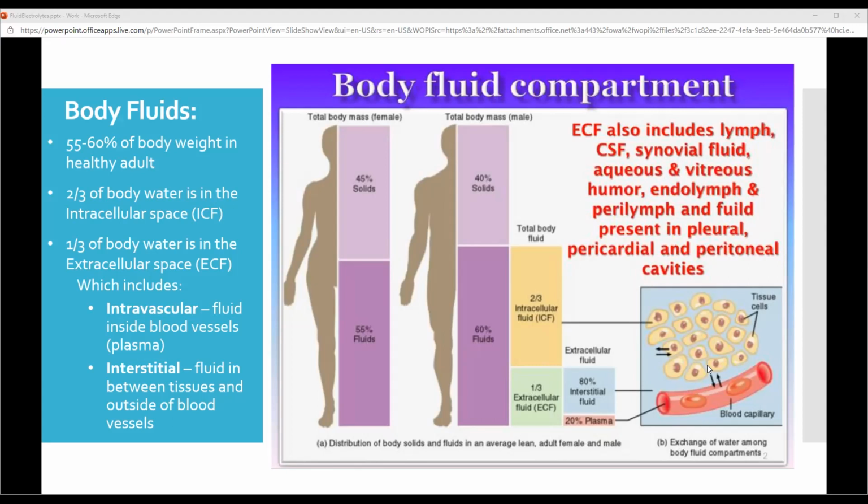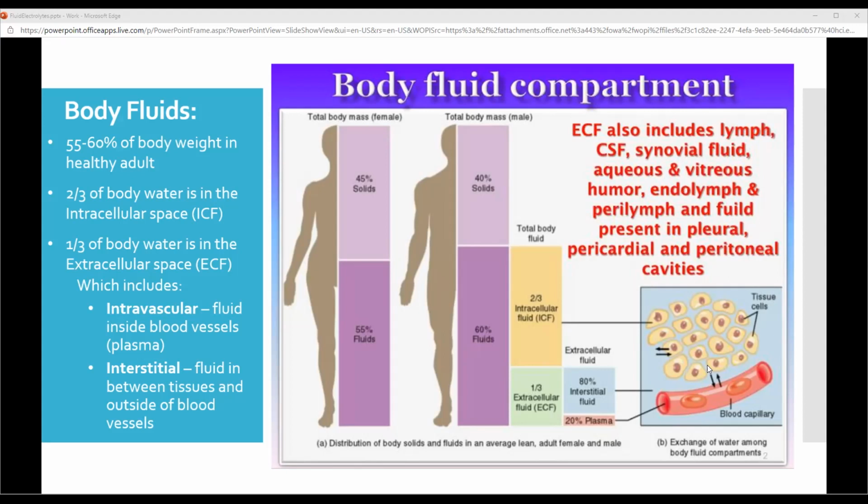When we draw blood and we look at labs, are we looking at ICF or ECF? ECF. Now you would have to be some hell of a sharpshooter to be able to stick a needle in somebody's arm and get inside their cells, right?